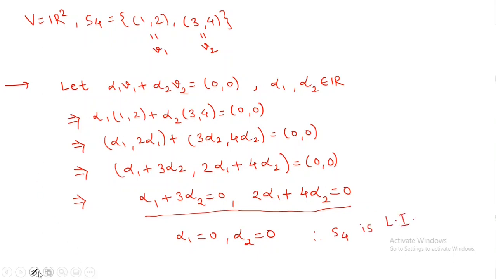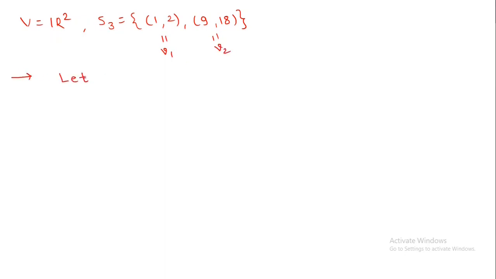Now let us do one more example. V is R2 and our set I will take to be S3, that is (1, 2), (9, 18). I will call it V1 and V2. The process is the same. Now why are we writing this 0? Because our 0 of R2 is (0, 0).